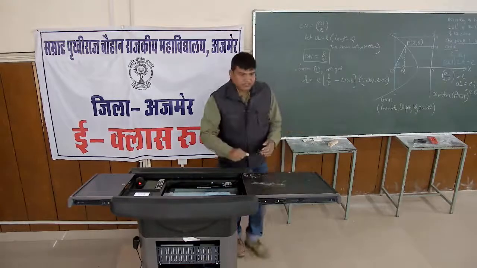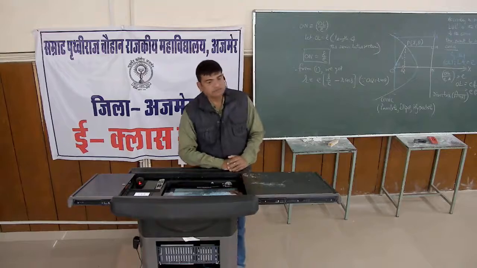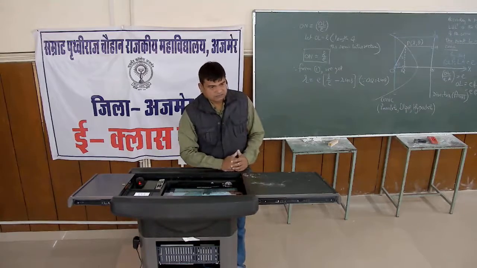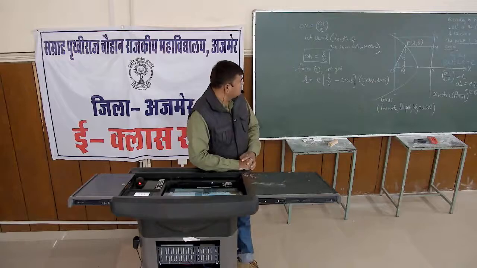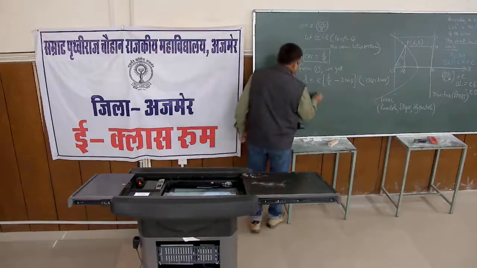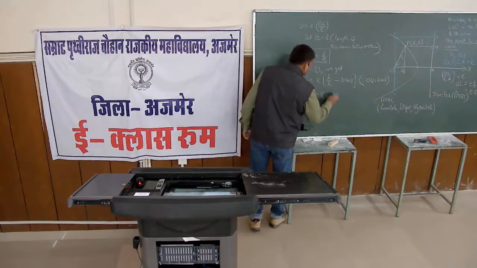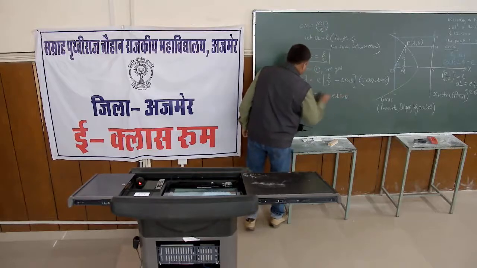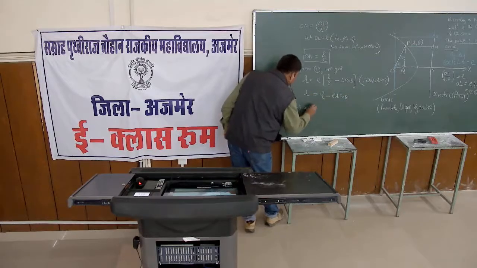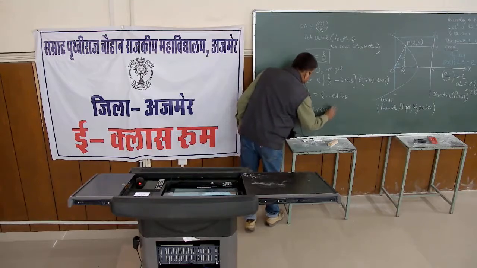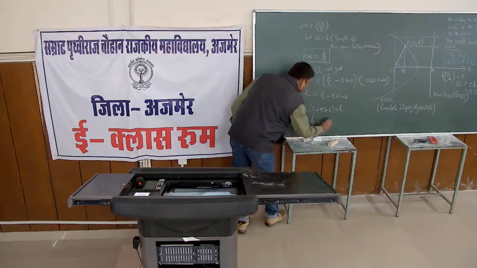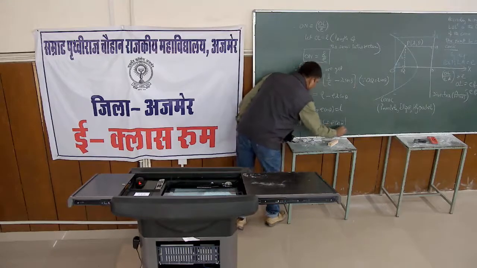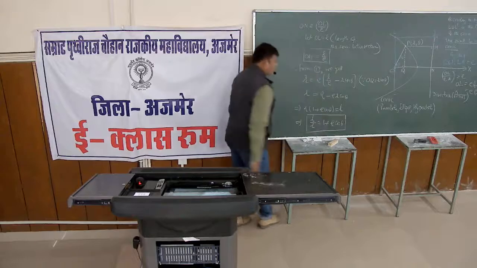This article is important and is asked several times in examinations: derive the polar equation of the conic. This is L minus ER cos theta, which implies 1 plus E cos theta equals L by R. This is the equation.